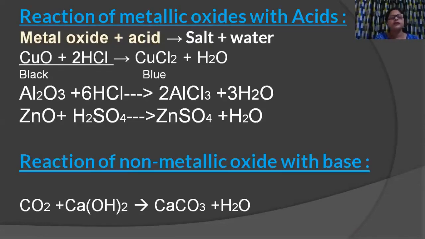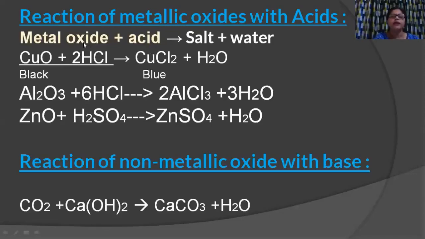Now let us discuss one more time the reaction where metal oxide and acid react to form salt and water. We have discussed this type of reaction in the previous session, the neutralization reaction. In the neutralization reaction, base reacts with acid to form salt and water.